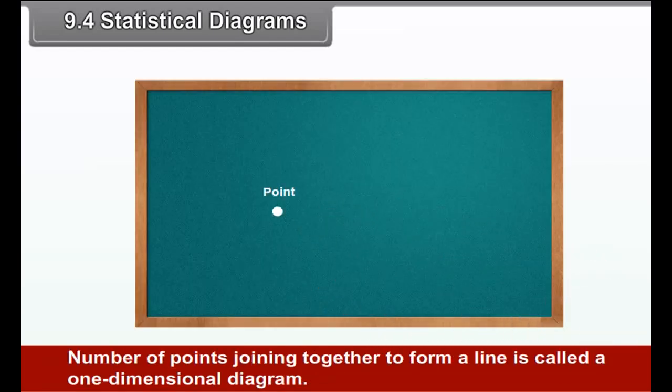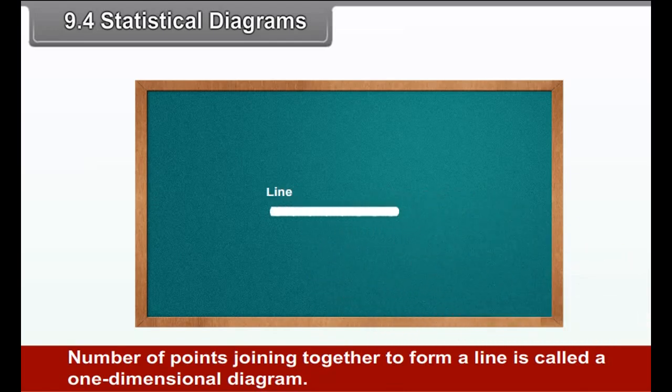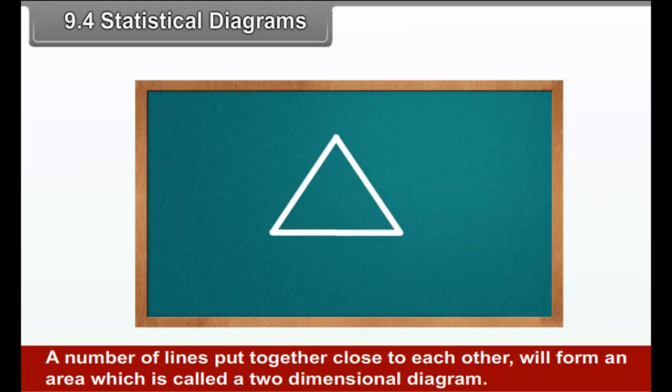9.4 Statistical diagrams. Statistical diagrams represent statistical data. Everything that exists has some dimension. Things can have 1, 2, 3 or more dimensions. Length, area and volume of an object are measured with 1, 2 and 3 dimensions.